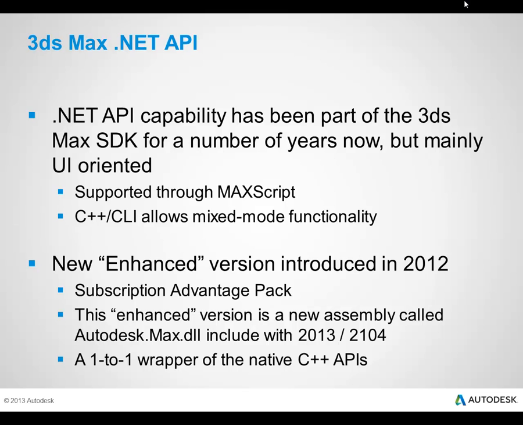It was introduced in 2012 in the Subscription Advantage Pack, and it's called Autodesk.max.dll. This is the new assembly that provides the scene access. And again, it is a one-to-one wrapper of the native C++ APIs, so everything that's in C++, in theory, is exposed to the .NET API.